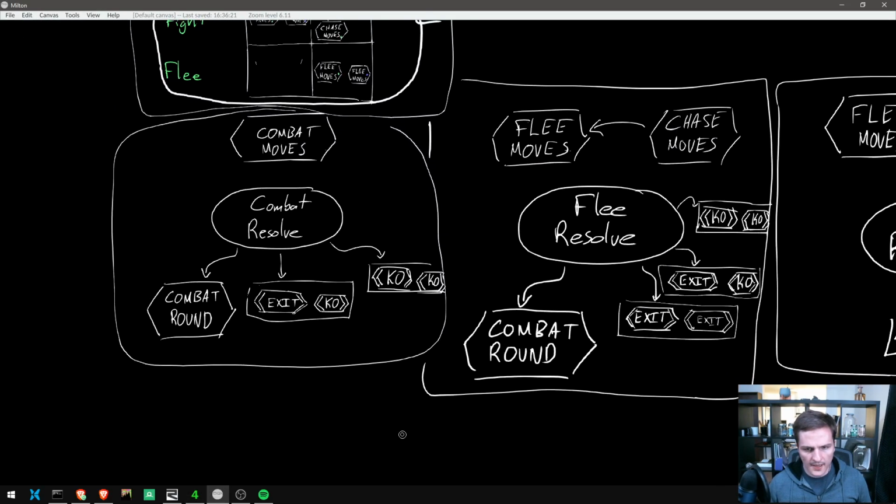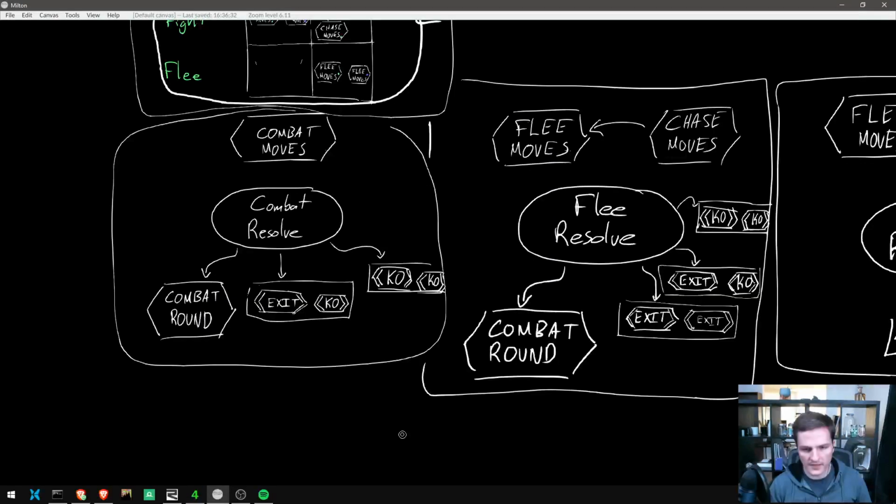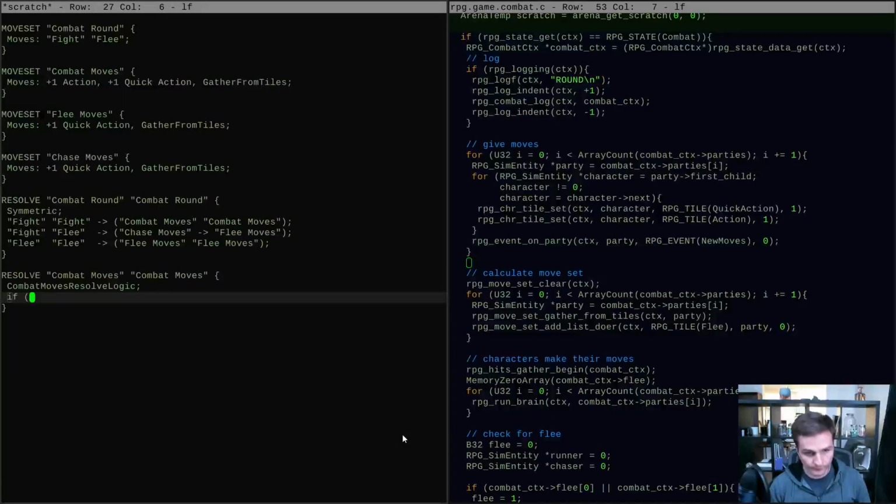And the logic is, first of all, combat moves resolve logic happens, and then there's a final step here that's like: if party1.count is greater than 0 and party2.count is greater than 0, then we go to the state combat round.